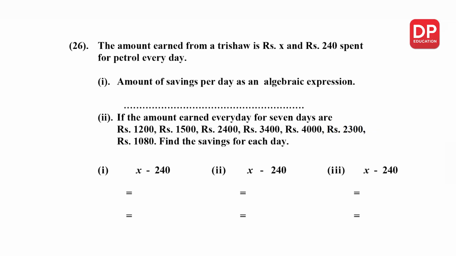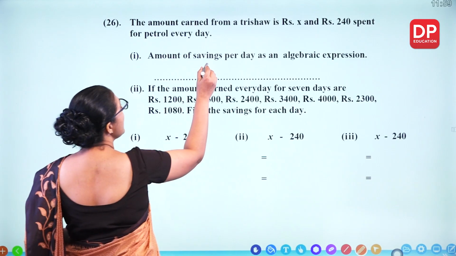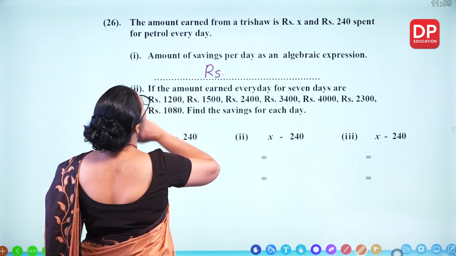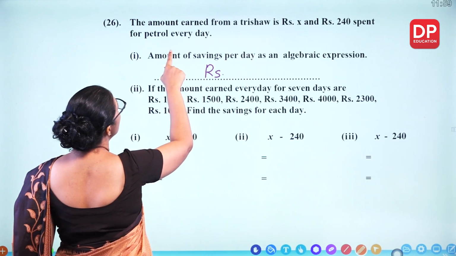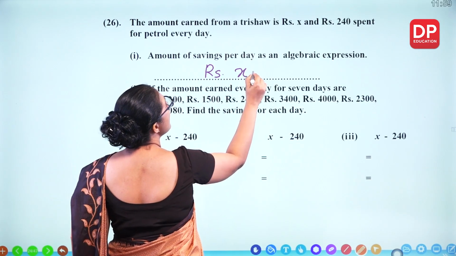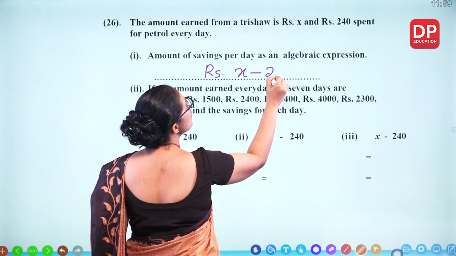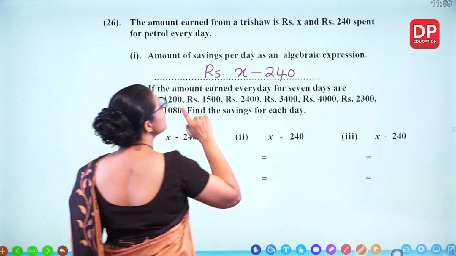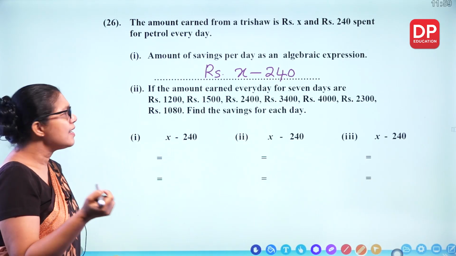Look at this question. The amount earned from an autorickshaw is X rupees and 240 rupees is spent for petrol every day. Write the amount of savings per day as an algebraic expression. So we can say the amount of earning is X and spending is 240 rupees, so X minus 240 is the savings.